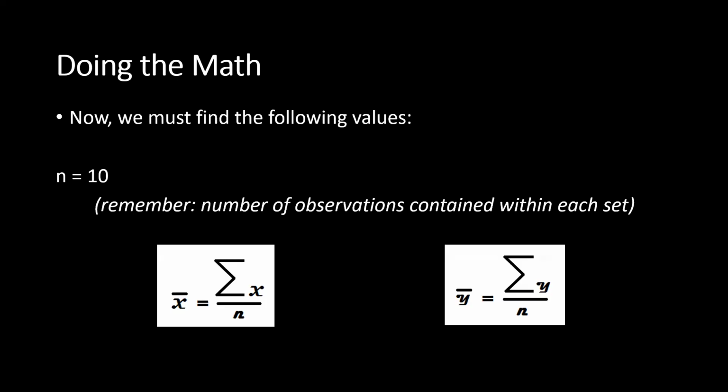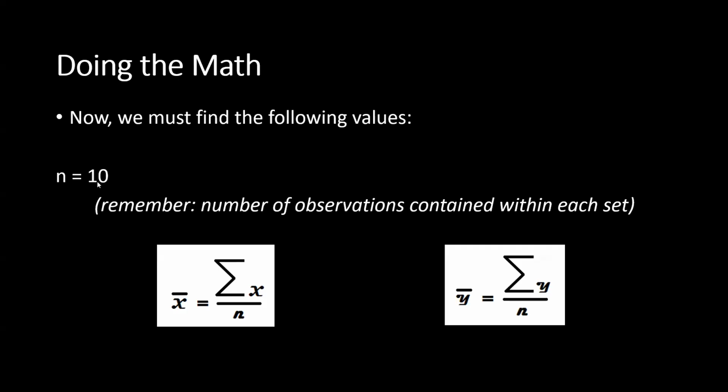Okay, so now we have to find x bar and y bar. To do that, we take the values that we had derived previously, sigma x and sigma y, and we divide each of those values by the number of observations in the series.